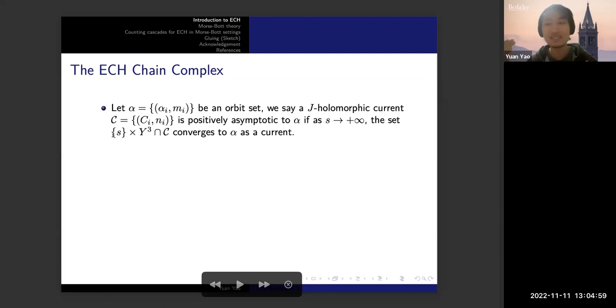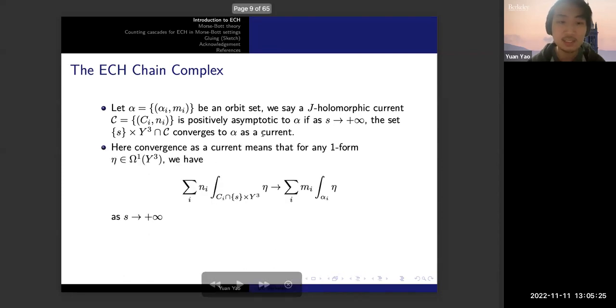You take a slice of the symplectization, fix {s} cross Y, which is a copy of the contact 3-manifold, and you intersect it with a J-holomorphic current. Generically, this is a one-dimensional manifold with multiplicity. Then you say this one-dimensional manifold with multiplicity converges to alpha, which is again a collection of one-manifolds with multiplicity, as a current. To say this in a slightly more technical way, this is the standard way you talk about convergence as currents.